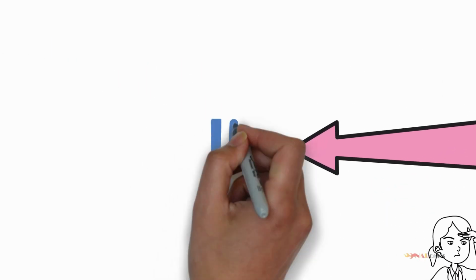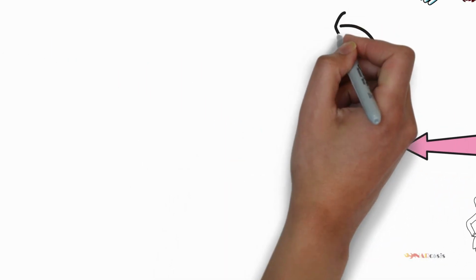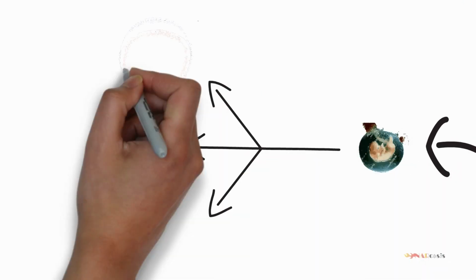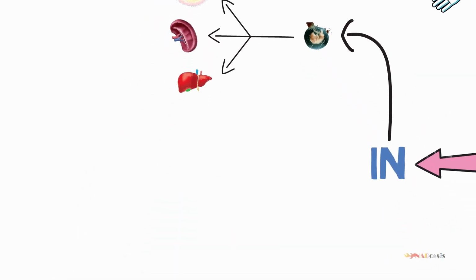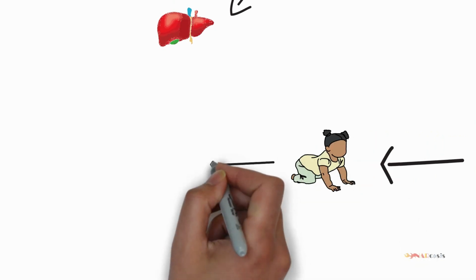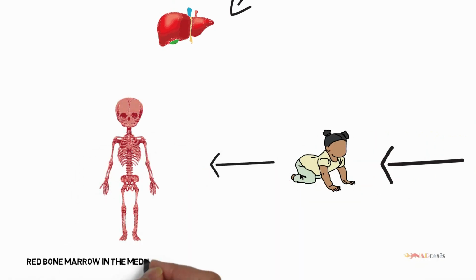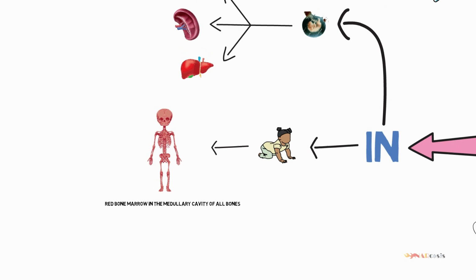So where does haematopoiesis occur inside our body? During development, this process occurs in the yolk sac, liver, and spleen, and also in red bone marrow in the medullary cavity of all bones.